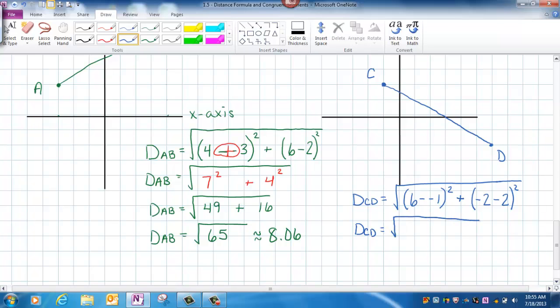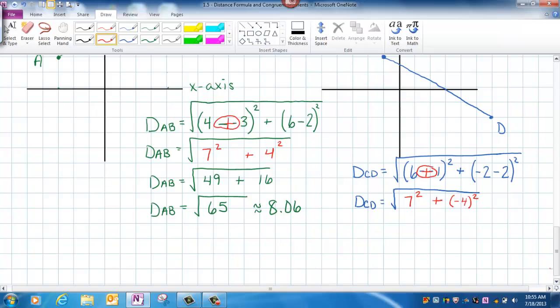Okay. So here we have 6 minus a negative 1. So remember, then that can become plus 1. 6 plus 1 is 7. Square that. Plus negative 2, take away 2 more. That leaves us with a negative 4. And then we're going to square that. Okay, now our distance from point C to point D is 7 squared, which is 7 times 7.